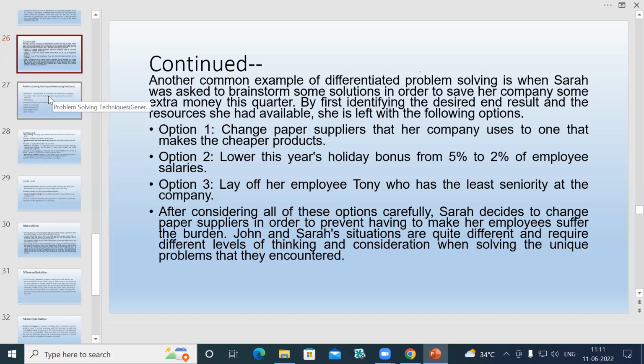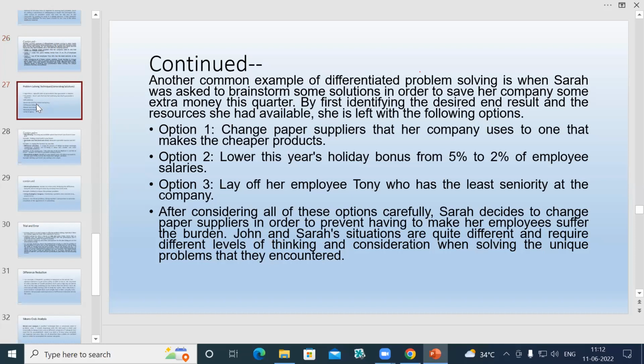So after considering all the options carefully, this girl decided to change the paper supplier in order to prevent having to make her employees suffer the burden. So John and Sarah's situations are quite different. In the previous example, there was the situation of a flat tire.